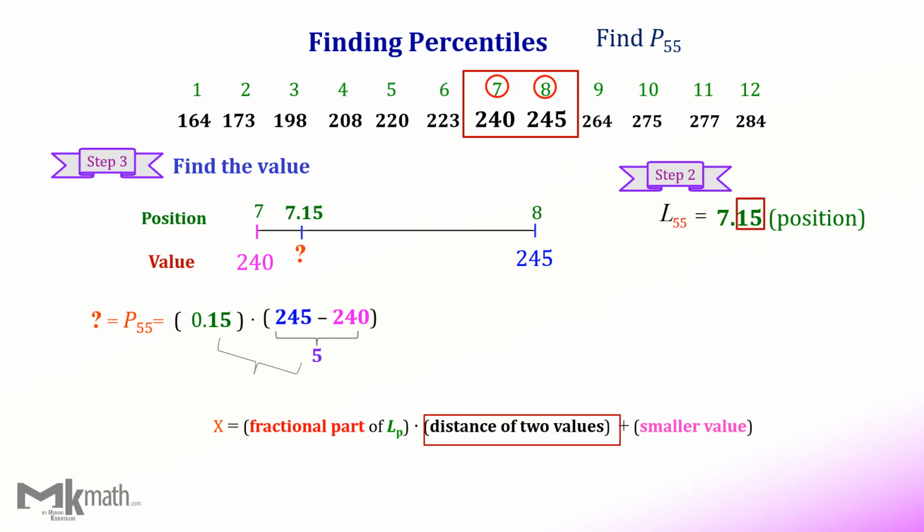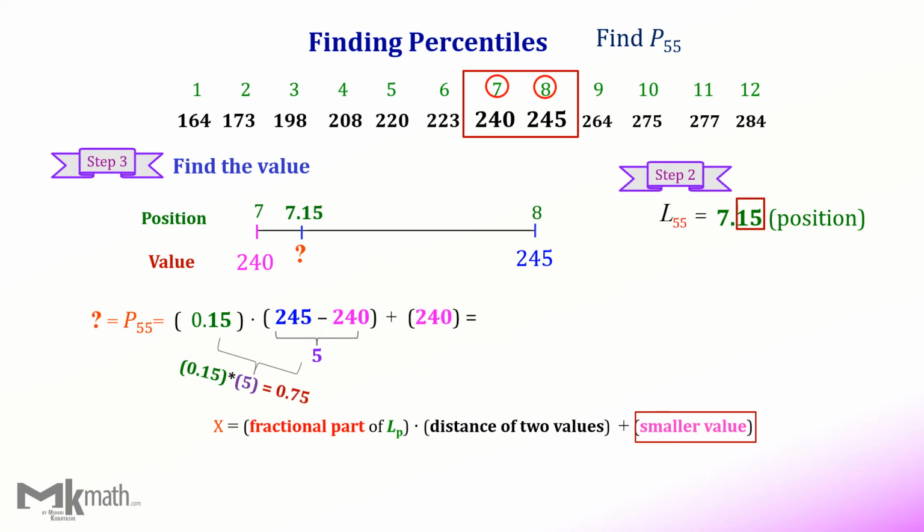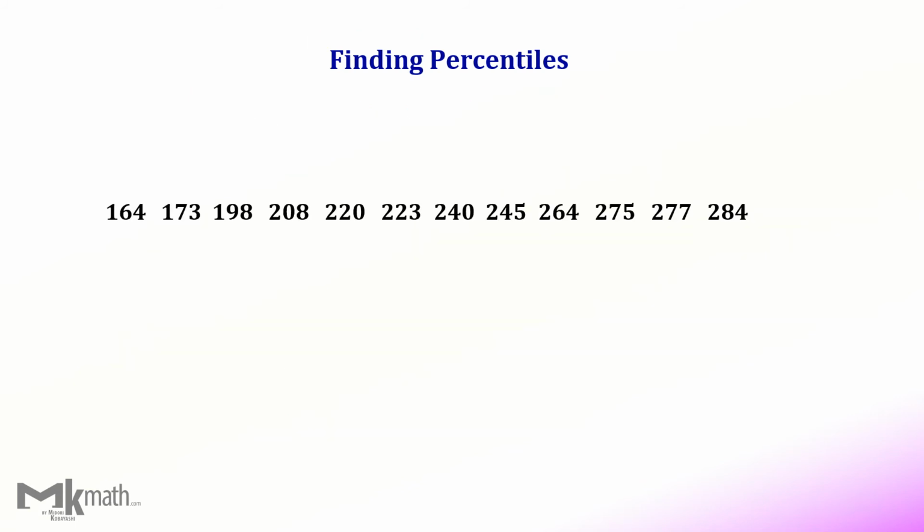Now we need to multiply 5 by 0.15 to get the distance from the smaller value, which is 0.75. 0.75 is the distance from the smaller value, so lastly we need to add the value to the smaller value to get 240.75 milligram per deciliter, which is the 55th percentile. So the 55th percentile is 240.75 milligram per deciliter.